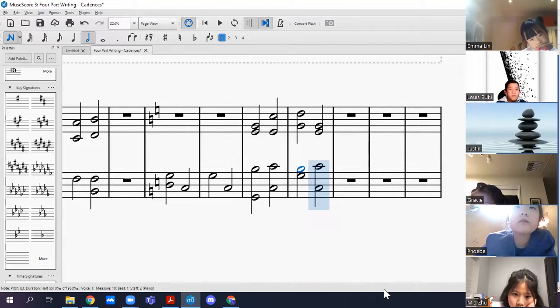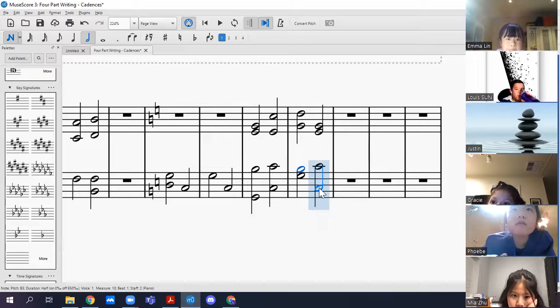I think the gap between the sopranos is too big. Definitely. So, Phoebe, just for your information, you can have a big jump between the two bass notes since they have to sing the root of each chord. So a big-ish jump in the bass is all right, but any other voices can't jump. You might have realized already that the bass actually has quite a few exceptions to it.